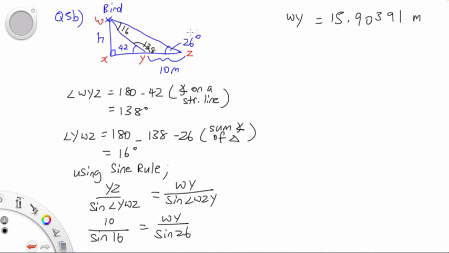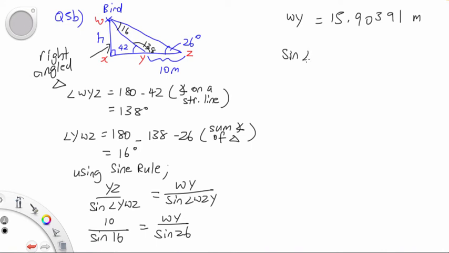Now I can go on to find h. If you notice over here, I have a right-angled triangle. So if this is the case, I can think of using SOH CAH TOA. I can use sine.